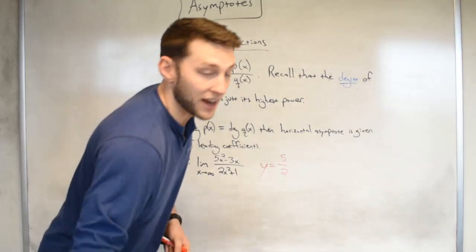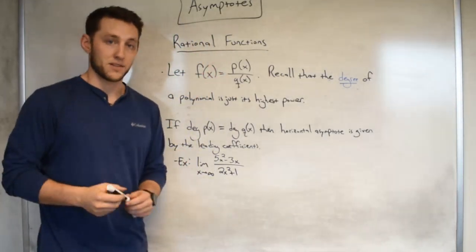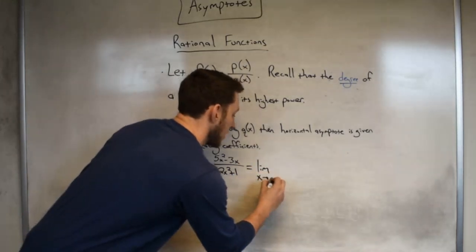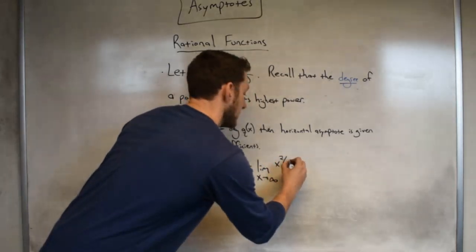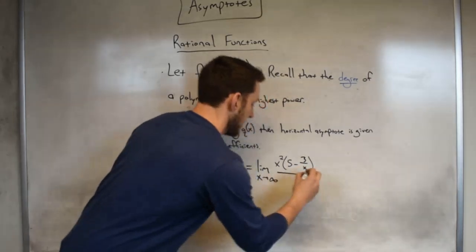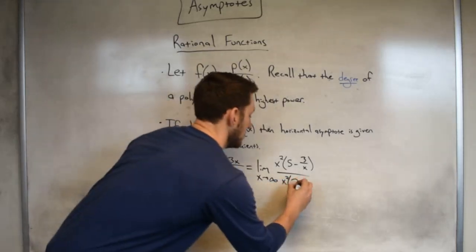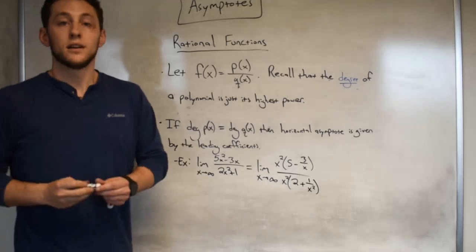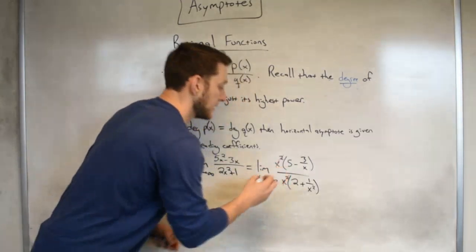If we wish to justify this, we could yet again apply our algebraic rules to these limits. For instance, if we go ahead and factor out the leading power, x squared, on top, leaving me with 5 minus 3 over x, and x squared on bottom, leaving me with 2 plus 1 over x squared, we see that we can actually cancel out the x squareds.